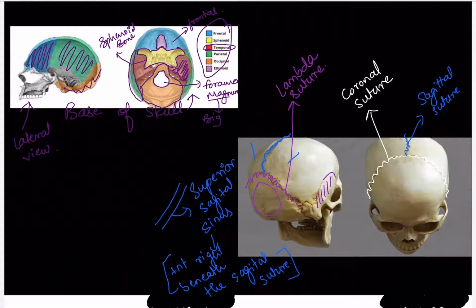Okay. If someone wants to know, this is the temporal bone, right? This part of the temporal bone is called the squamous part of the temporal bone. So if the part is known as squamous, then what will the suture be called? Squamous suture, right?